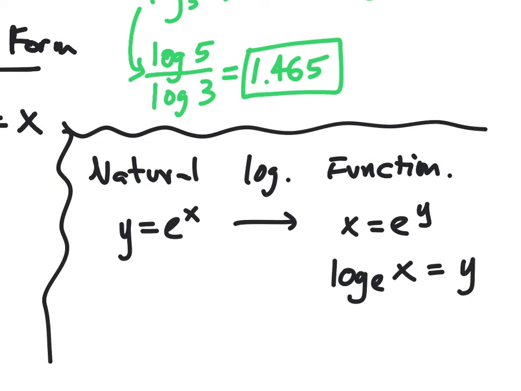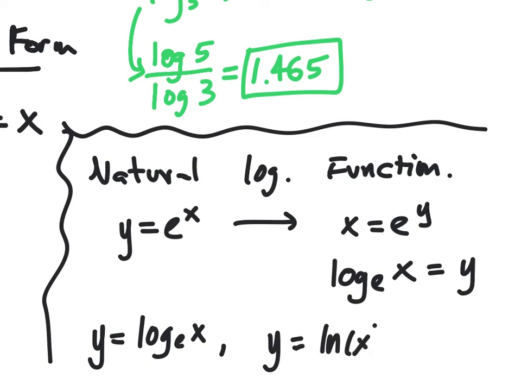So when I write out y equals log base e of x, that's a lot. This is a natural log. So what we use is the notation y equals ln of x. These two things mean the same thing.